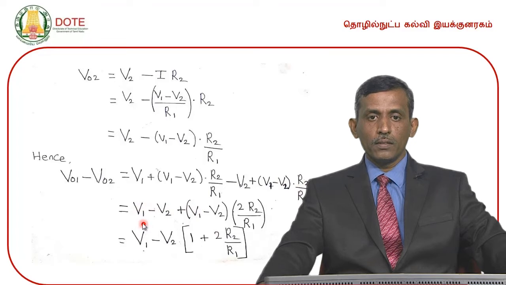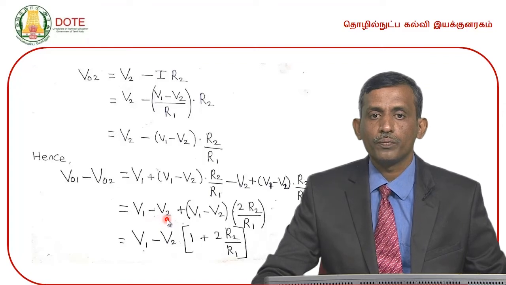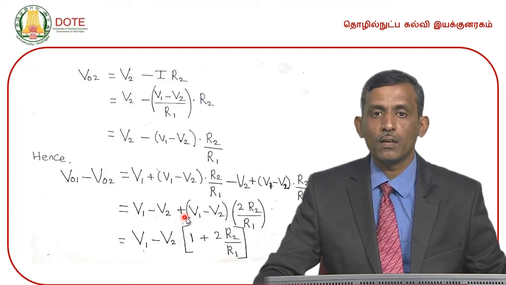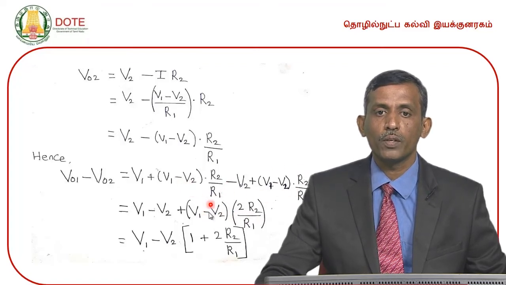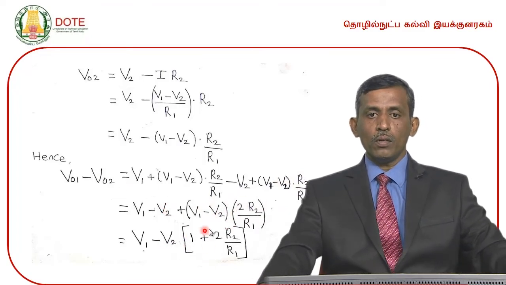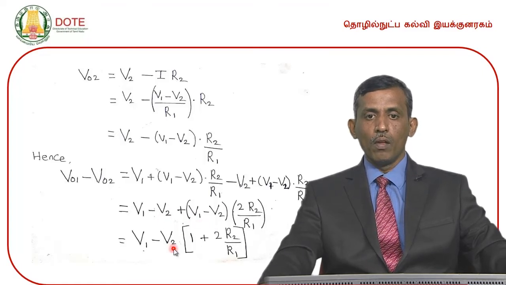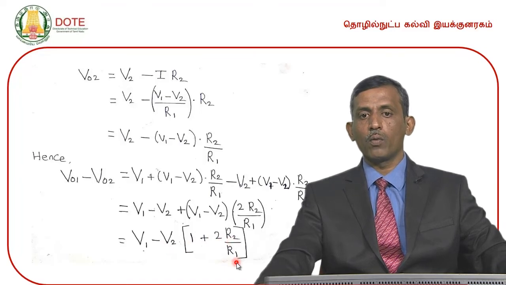So what do you get? V1 minus V2 plus V1 minus V2 into 2 R2 by R1. That is V1 minus V2 into R2 by R1, and here another V1 minus V2 into R2 by R1. So you get V1 minus V2 plus V1 minus V2 into 2 R2 by R1. Take V1 minus V2 out from these two terms, and you get 1 plus 2 R2 by R1, right.